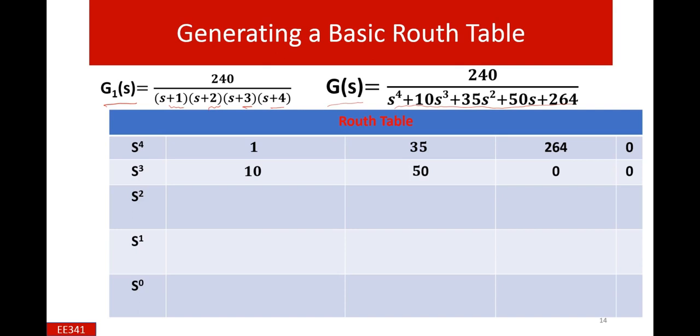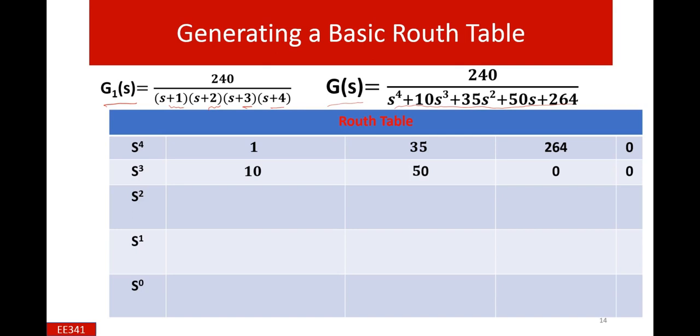The first row is filled by using alternate coefficients. For example, the first coefficient is 1, skipping the next coefficient, the third coefficient is 35, skipping the 50, and the next one is 264, and all skipped coefficients are filled in the next row. So this is the Routh table.